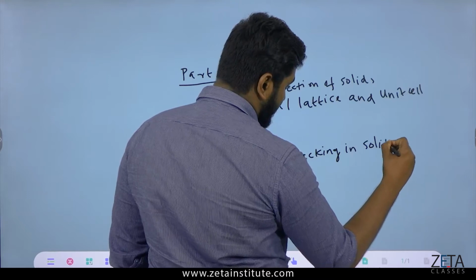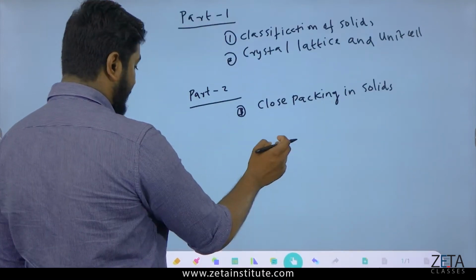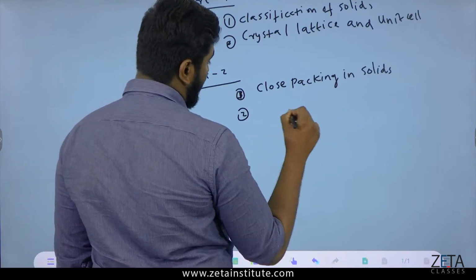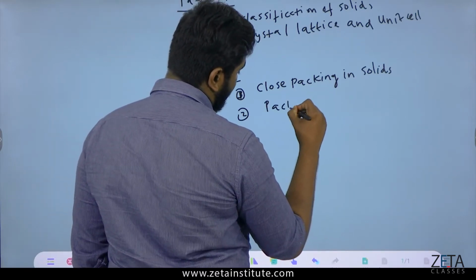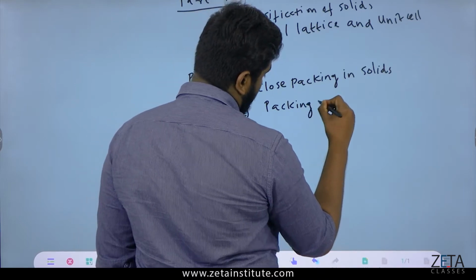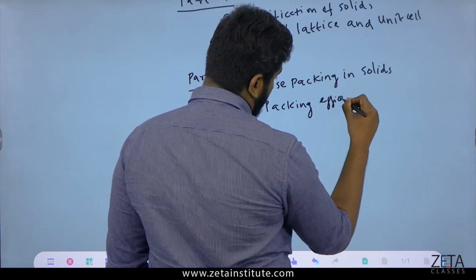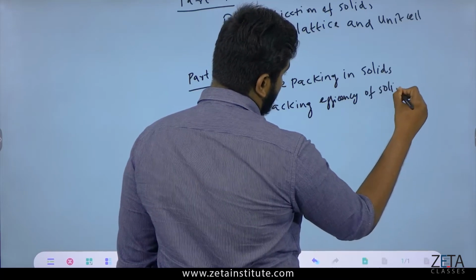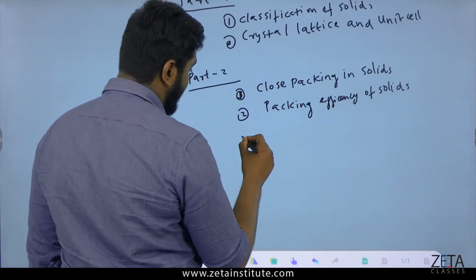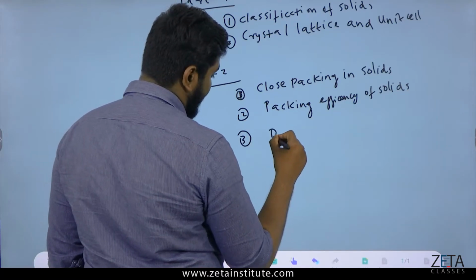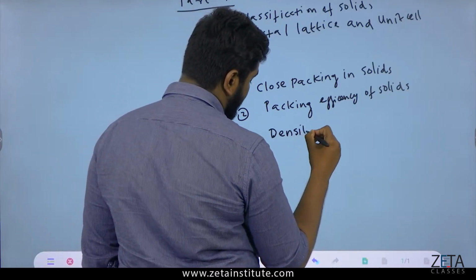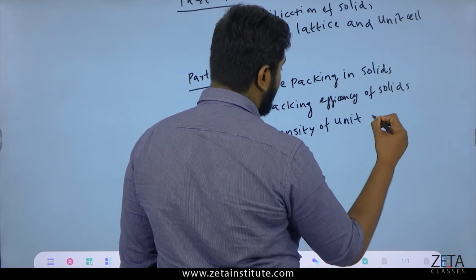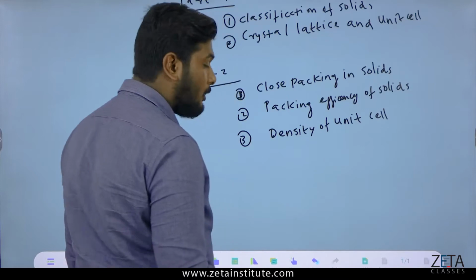The next one is packing efficiency of solids. And the third one is density of unit cell. We can expect a question for our board examination from density of unit cell. We can expect a problem.